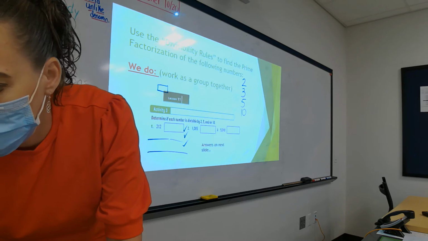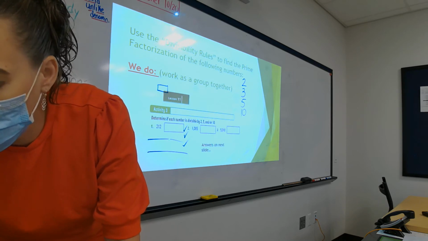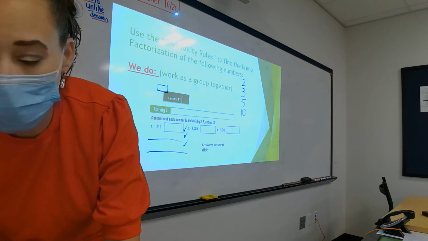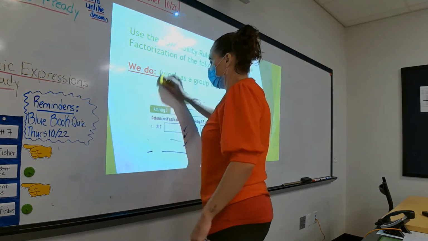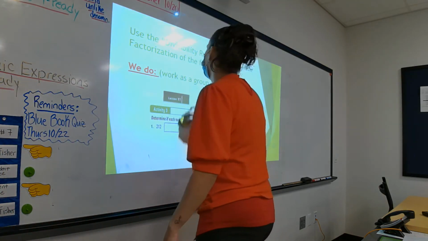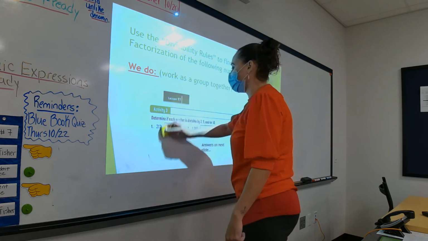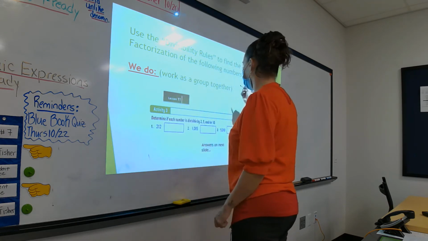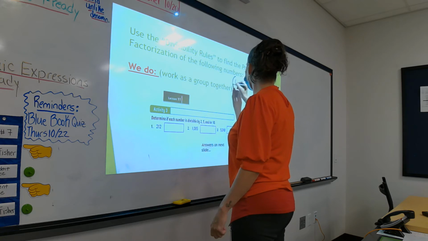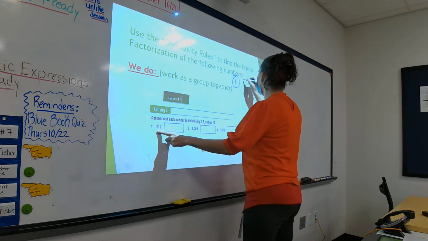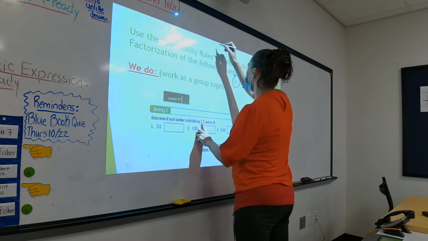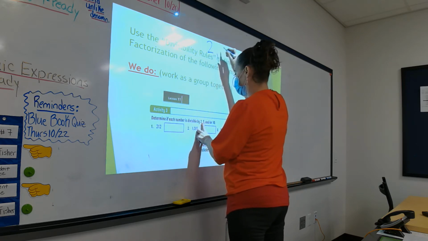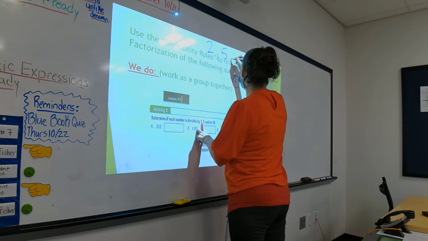All right, so on your own, and we'll go over it, I'll write these bigger. Tell me, first one will be 212. You're going to tell me, is it divisible by 2, 5, and 10?